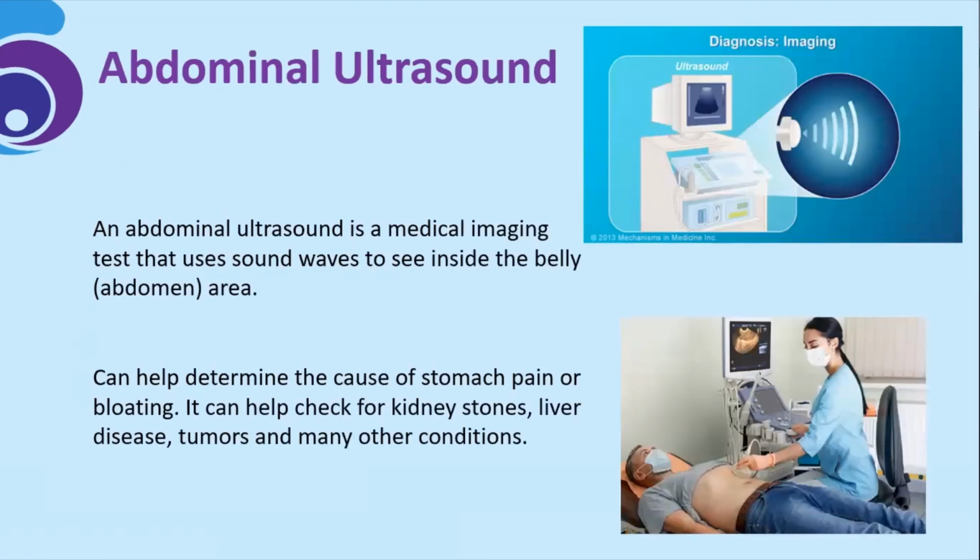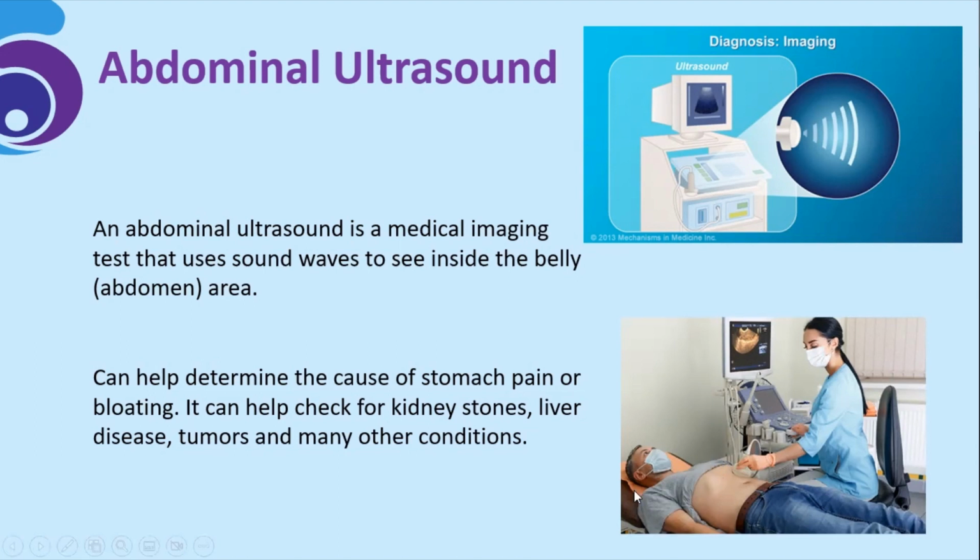If we look at abdominal ultrasounds first, an abdominal ultrasound is an imaging test that uses sound waves to see inside your abdomen. The probe will be pulsating sound waves, and they bounce back and give the radiologist or the sonographer an image of that area.